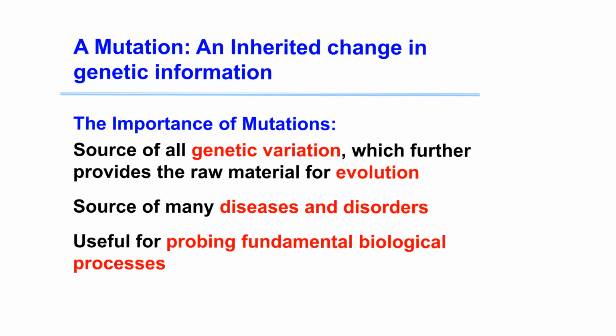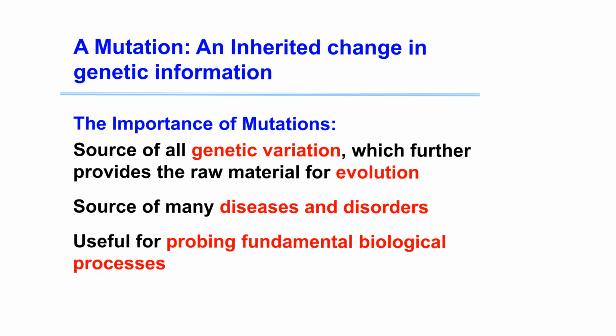So, what are mutations? Mutations are inherited changes in genetic information, and they play a very important role. When we talk about mutations, we usually link them to disorders, diseases, as something bad that happens. However, keep in mind that genetic mutations are a source of genetic variation, and genetic variation is necessary for natural selection and evolution.